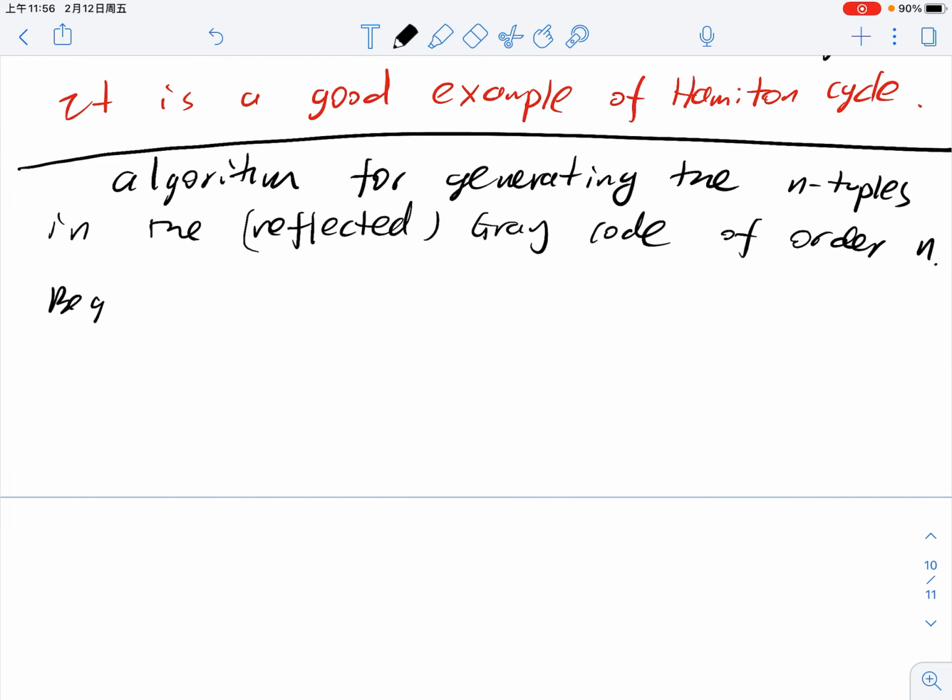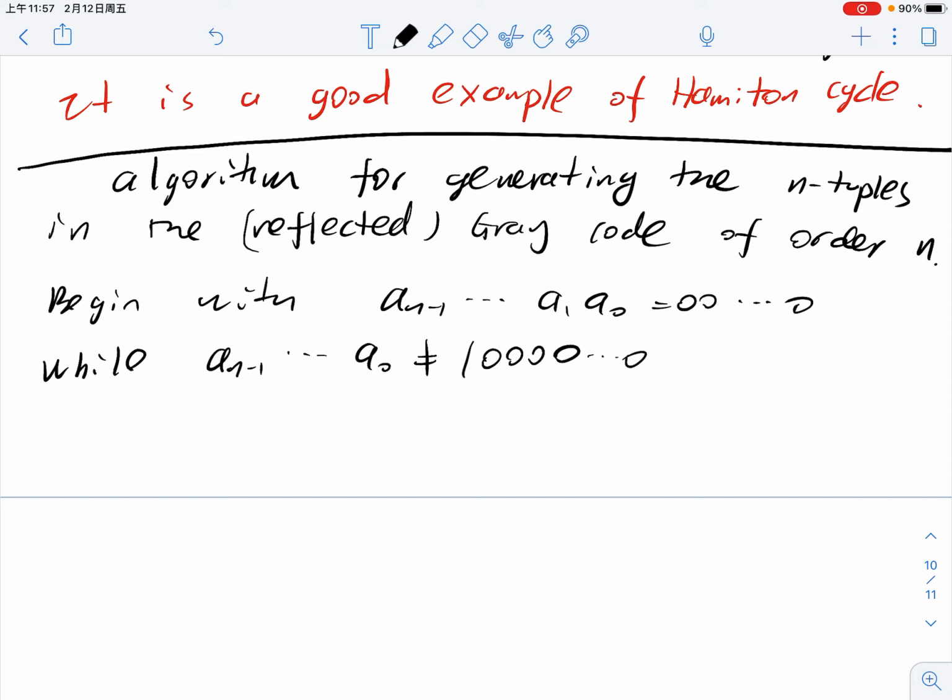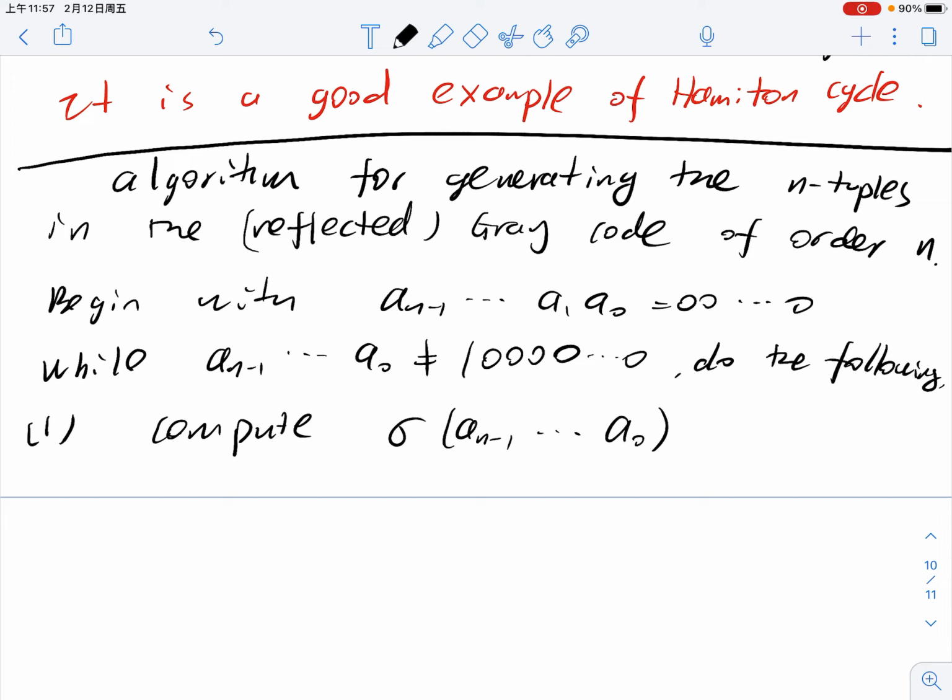In the reflected gray code of order n, begin with 0, 0, 0. And while it's not the last one, actually you can see the last one will be 1, 0, 0, 0, do the following. So first, compute sigma.